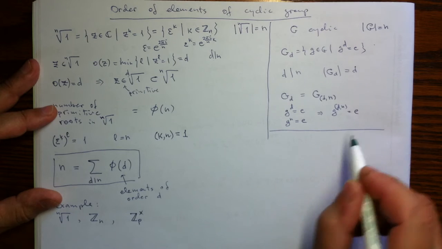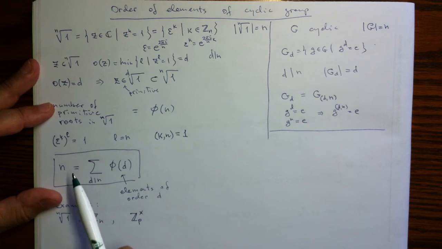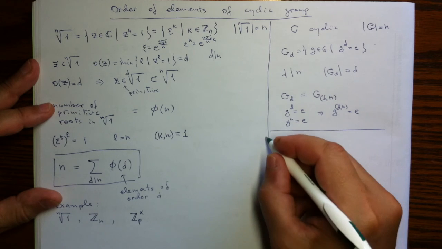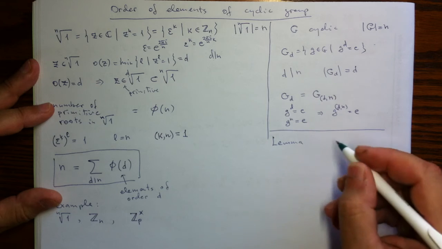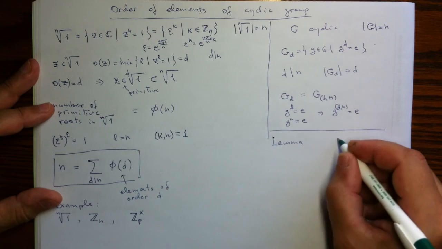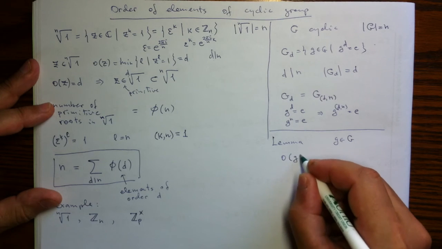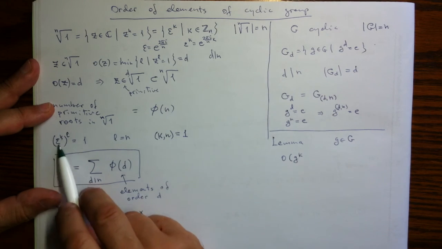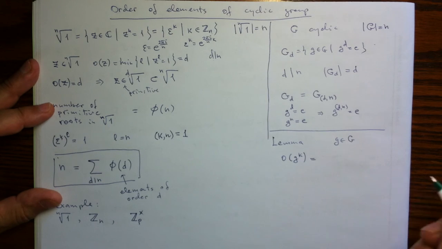And maybe just finishing with recycling this argument again in a more general setup. So making a more general statement, we'll call it a lemma, about computing the order of a power of some element, and computing it in terms of the order of the element.